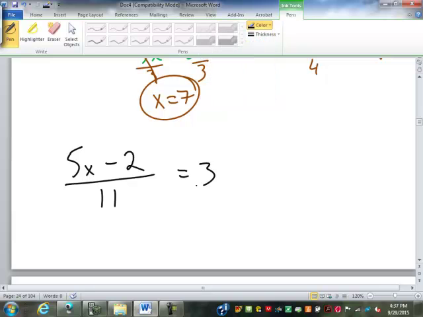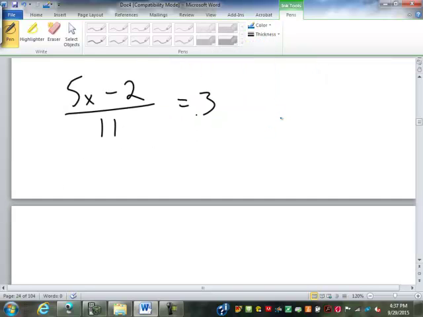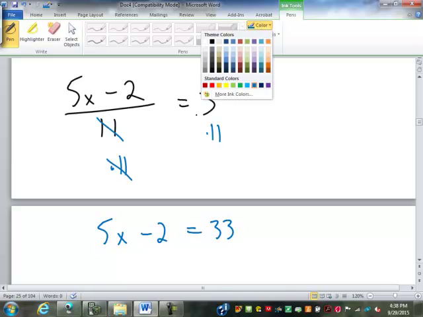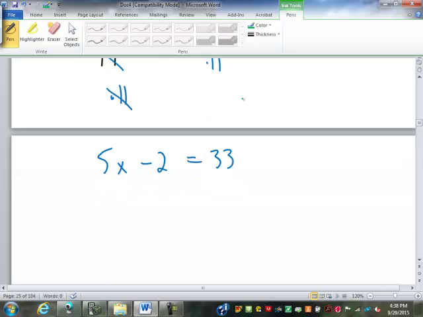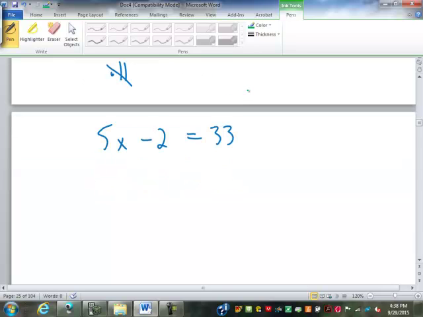So on a problem like this, what do we have to do first? Times 11. Very good. Get rid of the 11. So now we have the 5x minus 2. On the other side, we multiply by 11 as well. So 3 times 11 is 33. And then add 2.